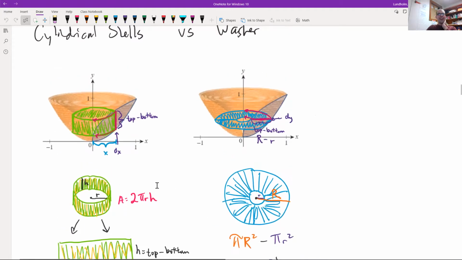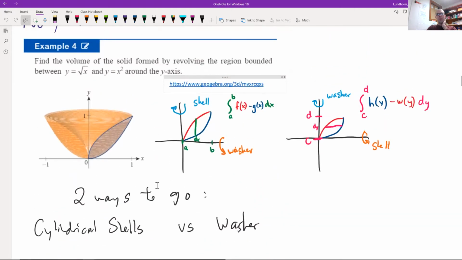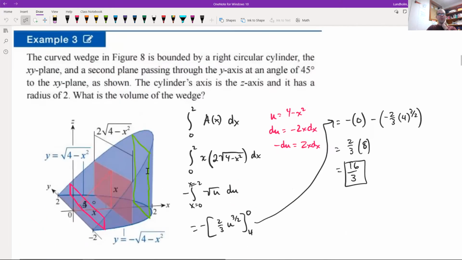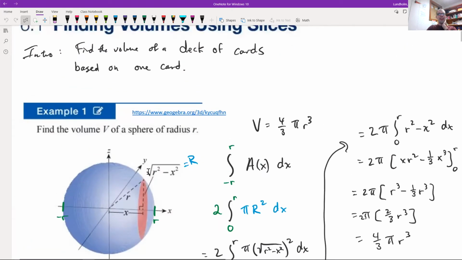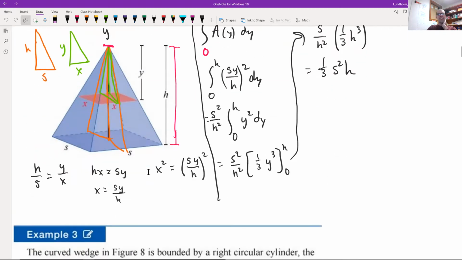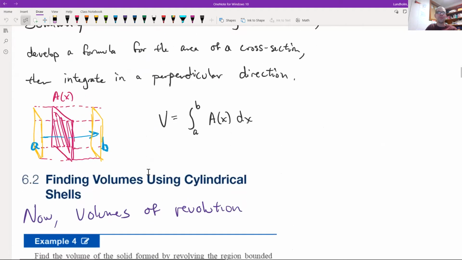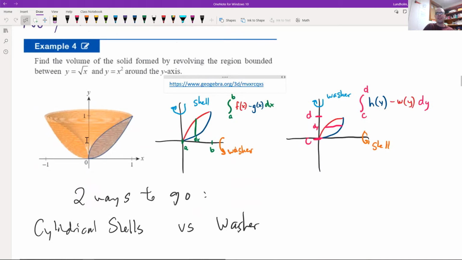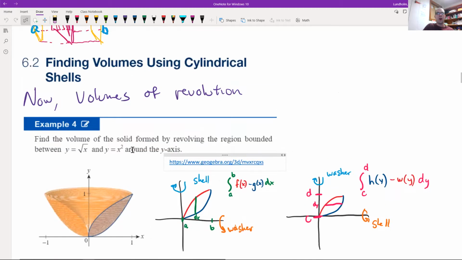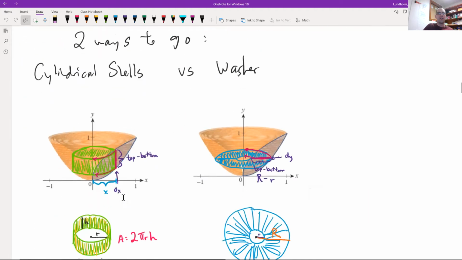So I think this is probably where we're going to call it for today. We were able to do the volumes by cross section, a bunch of slices all in a row. And then we introduced the shell and washer methods for volumes of revolution.